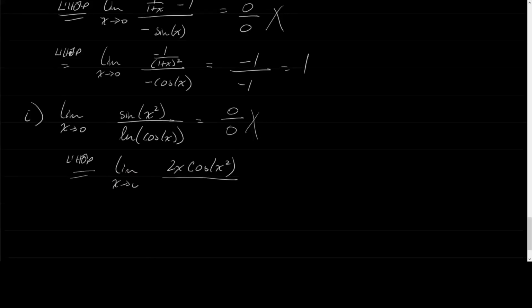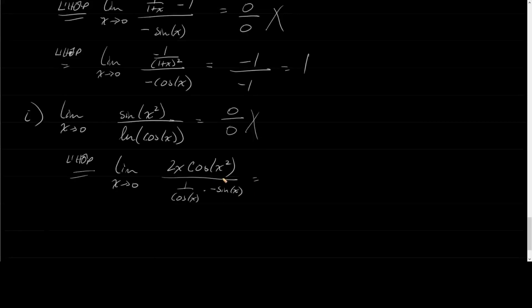Limit as x goes to 0, there we go. The derivative of the top, then on the bottom, the derivative of ln of cosine of x. So in here I'm going to have 1 over cosine of x times the derivative of cosine, negative sine x. All right. So let's see what we get now.